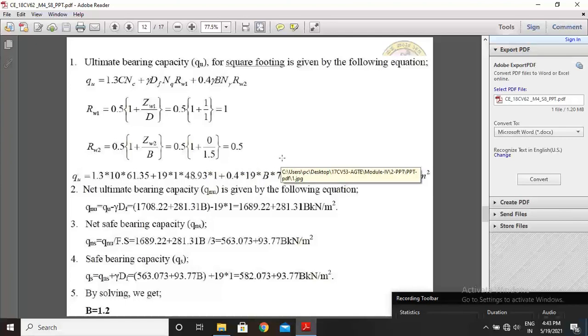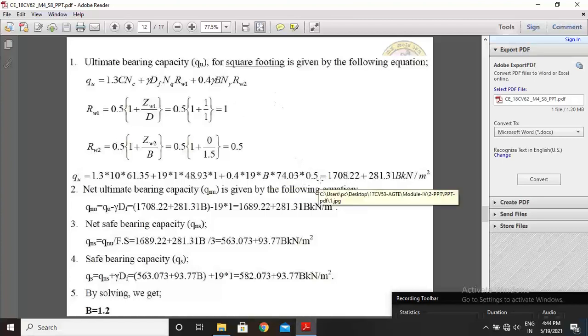Now substitute the value in the above equation, that is ultimate bearing capacity. 1.3 times C is 10, NC is 61.35 plus gamma is 19, DF is 1, NQ is 48.93, RW1 is 1 plus 0.4 into gamma is 19, B you write as usual. This is required. N gamma is 74.03, RW2 is 0.5. After solving this equation, we are getting in terms of B, that is 1708.22 plus 281.31 B in kilonewton per meter square.